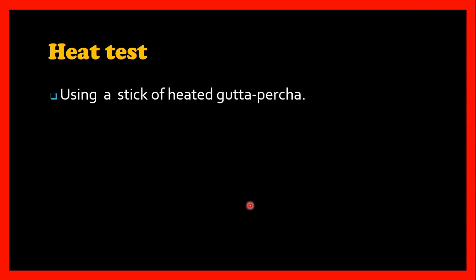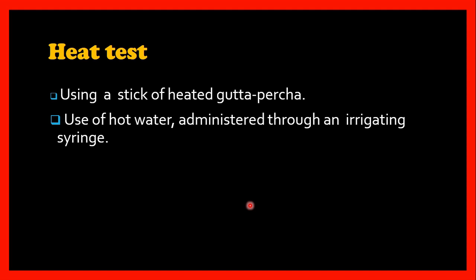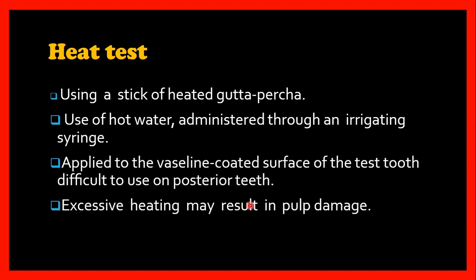Now coming to the heat test, it can be done using a stick of heated gutta percha, or hot water administered through an irrigating syringe. Before applying any of these, we should coat the tooth with Vaseline or a similar agent to protect it from damage, as excessive heating can result in pulpal damage.